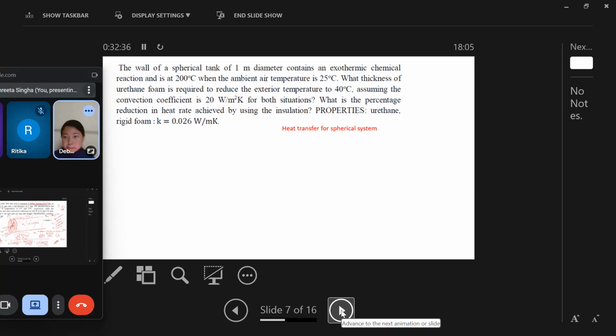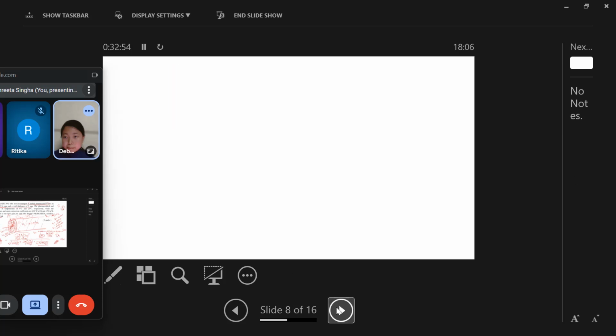Next, I have taken an example for a spherical shaped structure. The wall of a spherical tank of 1 meter diameter contains an exothermic... Before this, we will just see something, because in the lecture series the professor might not have shown the temperature profile for the spherical system.